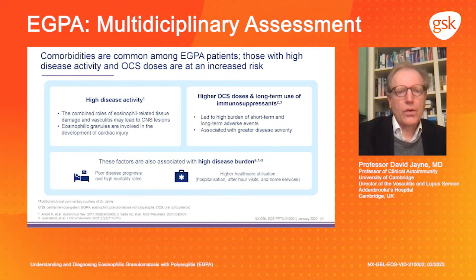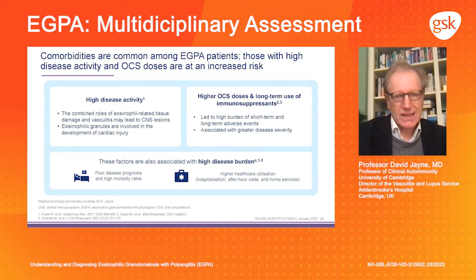Focusing in on high disease activity, we know that if the eosinophil count is particularly high, patients are more at risk of having vasculitic events, such as central nervous system lesions or vasculitic events elsewhere. And we know that the high level of eosinophilia and eosinophil infiltration is involved in injury to myocytes in the heart, with direct toxic damage by degranulation of eosinophils.